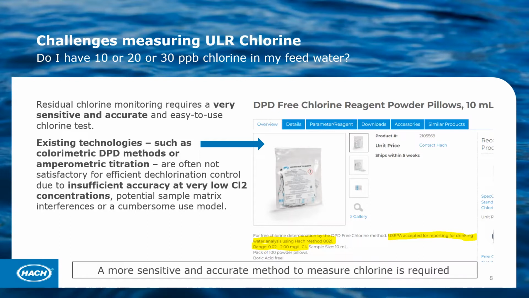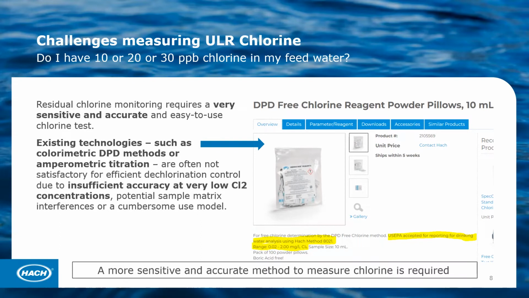So we're talking about 20 parts per billion to 200 parts per billion, or 0.02 milligrams per liter to 2.0. This has really been designed for drinking water type applications where we want and expect to see a residual of chlorine present in the water.